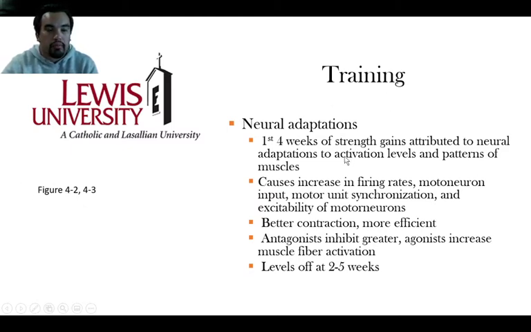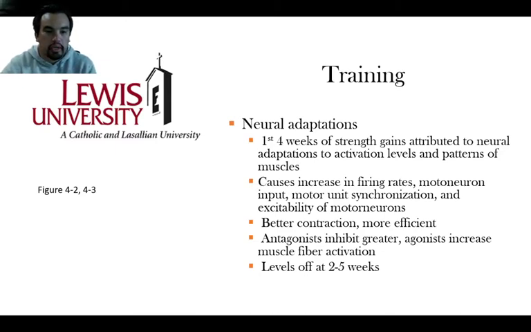So training, right? This is what we really want to know, like, how do we use this in our clinical practice? Well, the first 4 weeks of a strength training program, where you really start getting back into it and starting to really get stronger before you hit that first kind of plateau, you're not actually getting stronger.